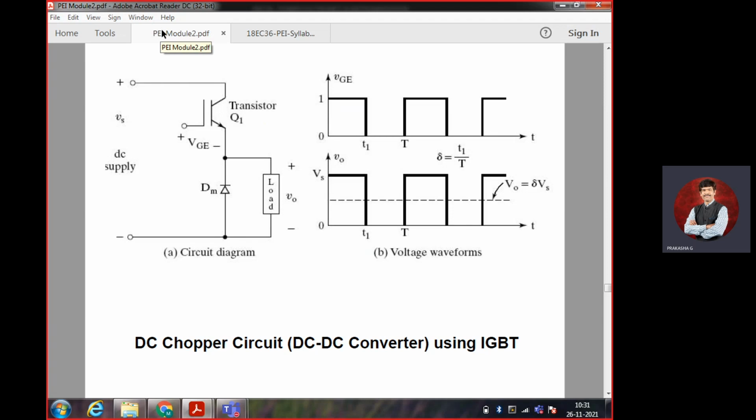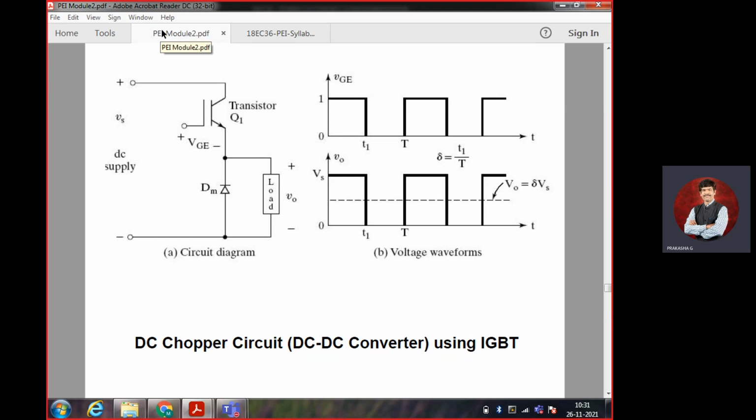The overall time, T on time and T off time put together, we call the overall time.